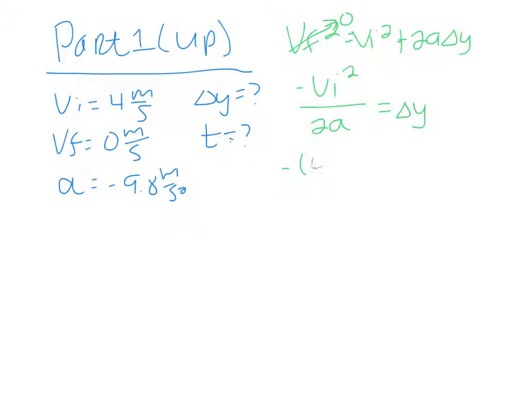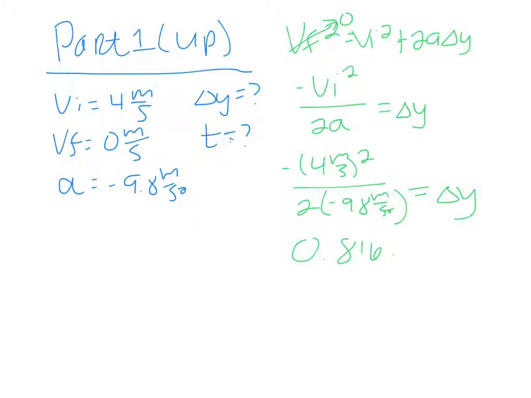So negative 4 meters per second squared over 2 times negative 9.8 meters per second squared equals delta y. The negatives will cancel out, so you'll end up with a positive delta y. This makes sense because you're going up, so the diver is ending up higher than where they started. Dividing this, we end up with 0.816, keeps on going, meters for delta y.